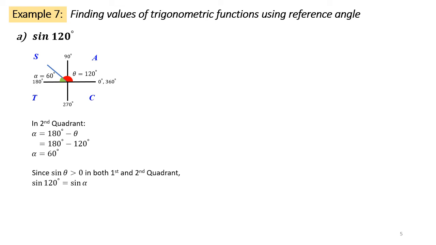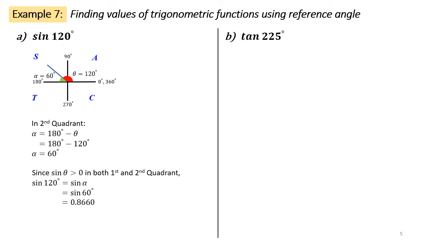So we can just rewrite this: sine 120 degrees is equal to sine alpha. Substituting alpha is 60, sine 120 degrees is equal to sine 60 degrees, and by using the special angle, we know that sine 60 degrees will be 0.8660.